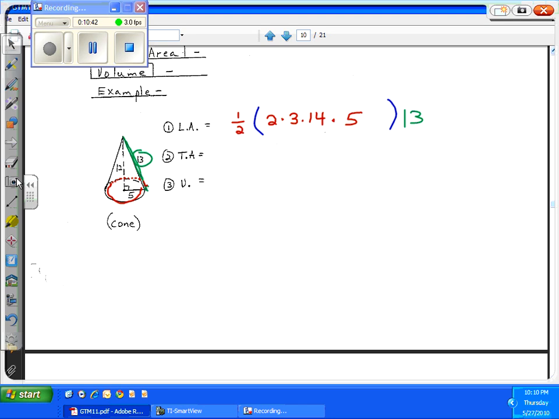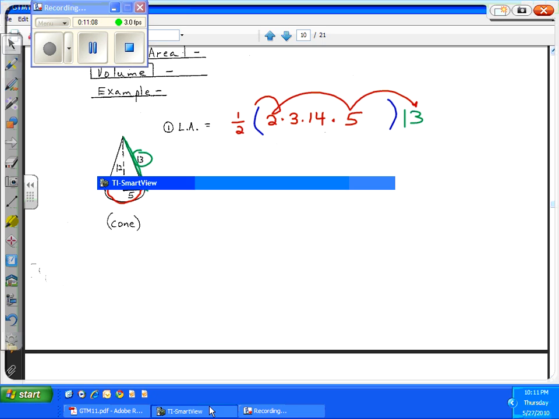I'm going to take out those letters there so we can just work our way down the page. So this is all multiplication. Half of 2 is 1, times 5 is 5, times 13 is 65, times 3.14.